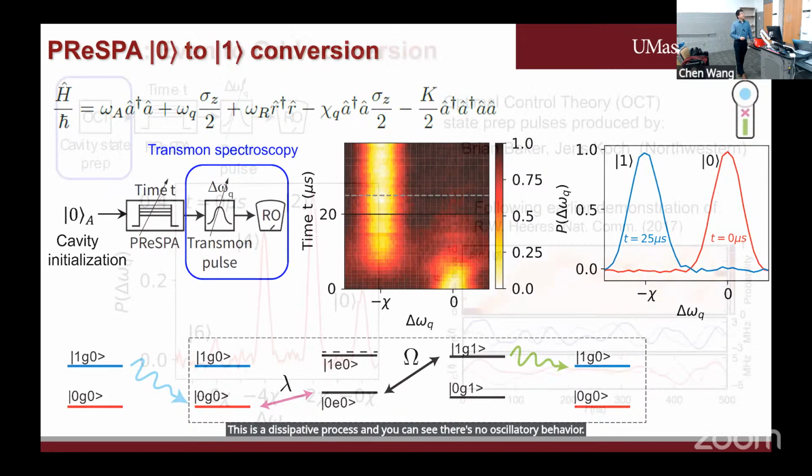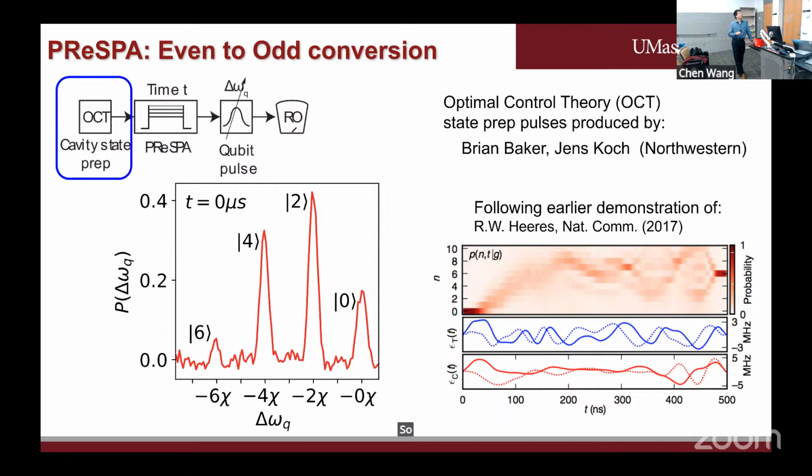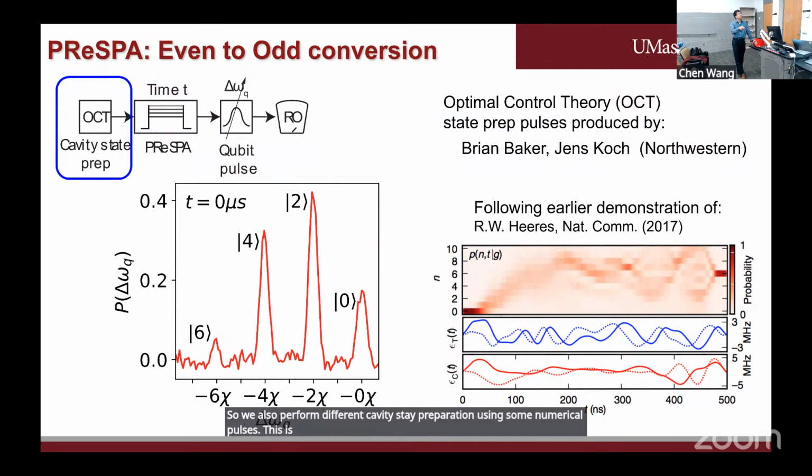So we can also perform different cavity state preparation using some numerically computed pulses. These are numerically computed pulses that we can use to prepare this even photon number parity cat state.